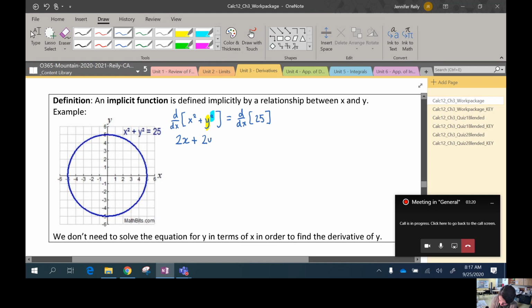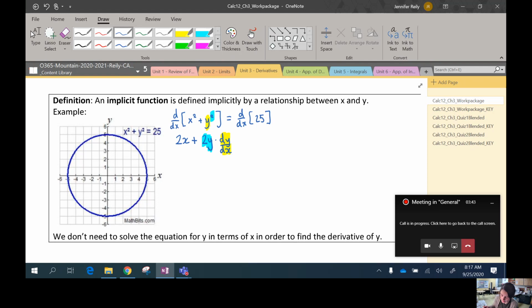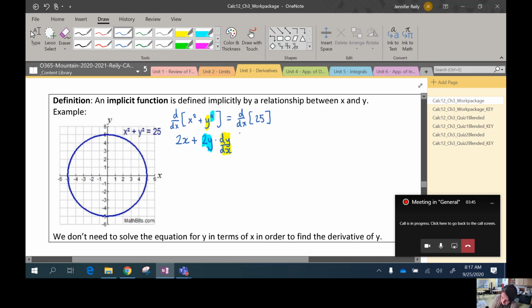The 2 would come down, we leave the y inside, and then we do the derivative of y. We don't know what dy by dx is, but that's fine. That's the chain rule part of this that you have to wrap your head around. So 2y is the outer function, and dy dx is the inner function. If you want, you can also use prime notation.